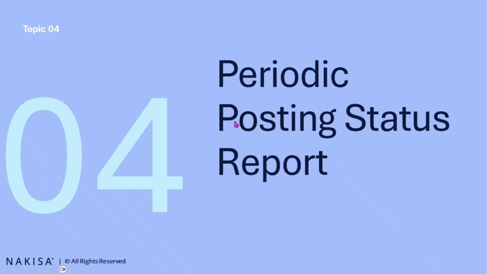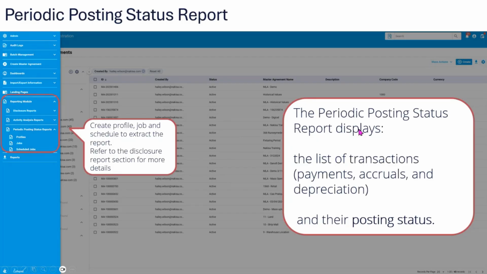The periodic posting status report is one of the reports to be used also for month end. It will provide you a list of transactions for accruals, journal entries that we have for payments, accruals, and depreciation, and their posting status. Similar to the other reports, you will see it under the reporting module in the periodic posting status report.